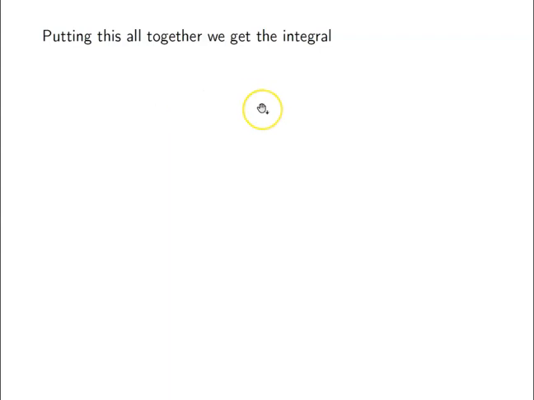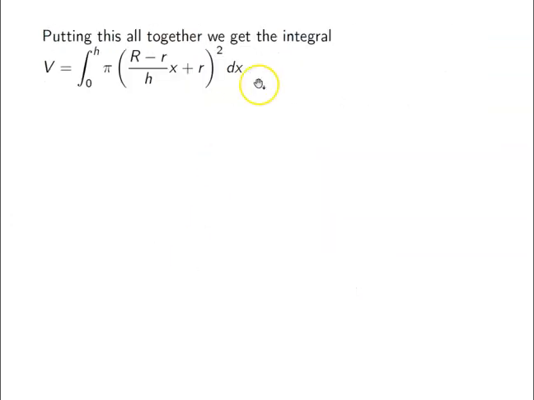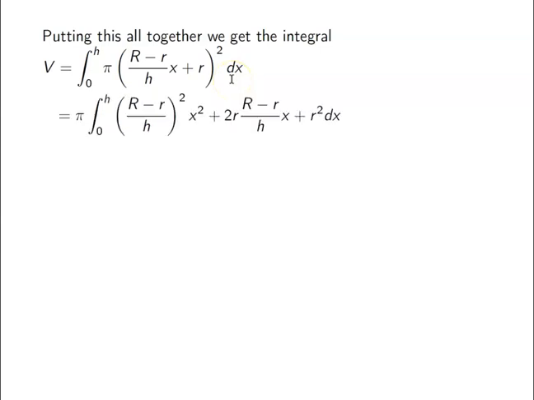So I can set this up as an integral. The volume is from 0 to h, pi r squared. Again, delta x is the width of this bar, which we just call dx when I take the limit as n goes to infinity. Okay.